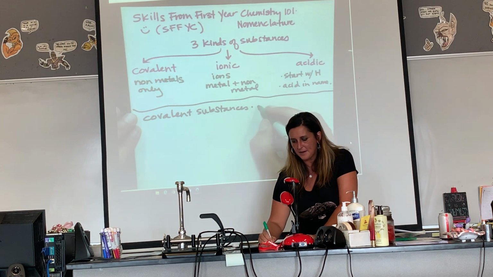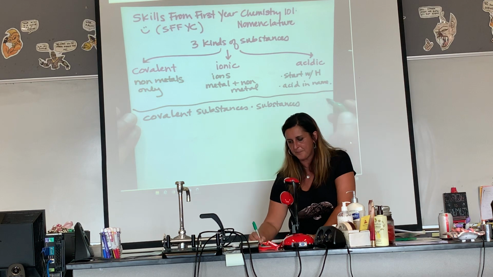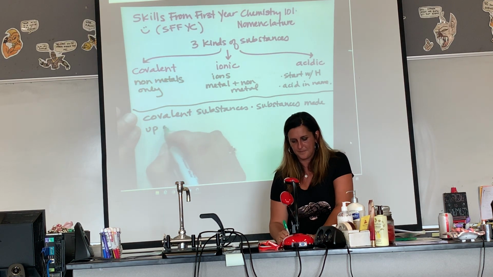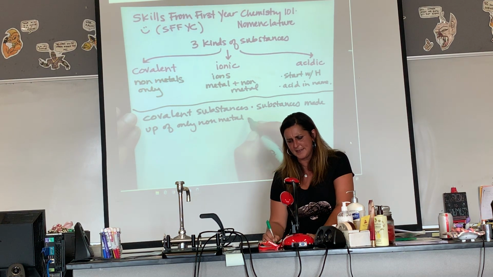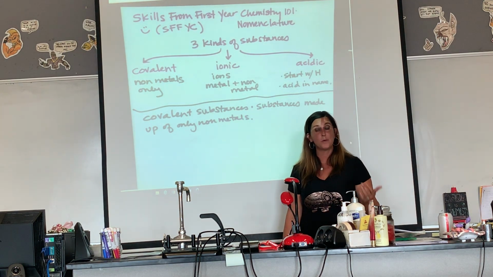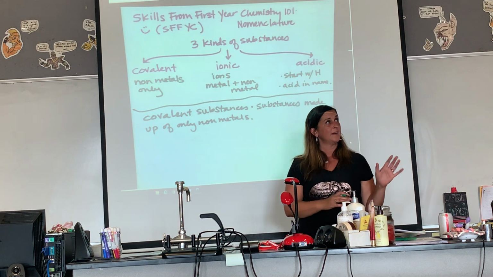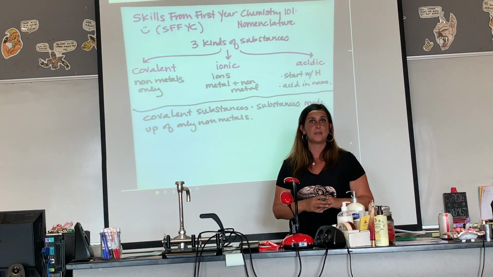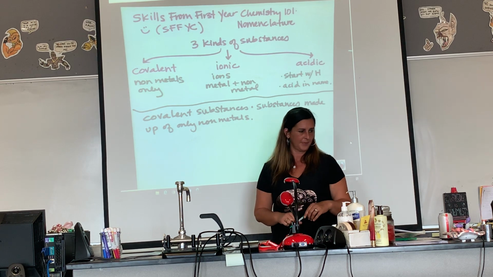And remember, these are substances that are made up only of nonmetals. That's probably the easiest way to recognize them. And remember that nonmetals are the small part of the periodic table to the right of your staircase that we drew last year.